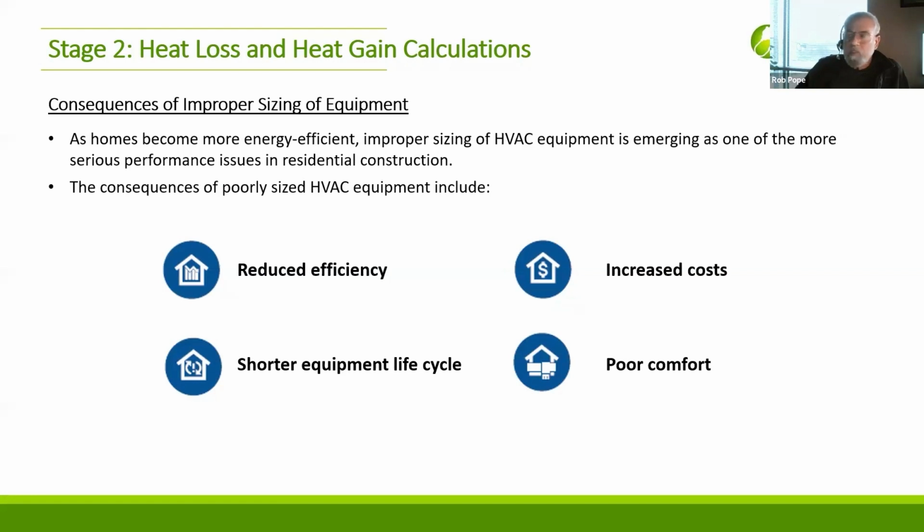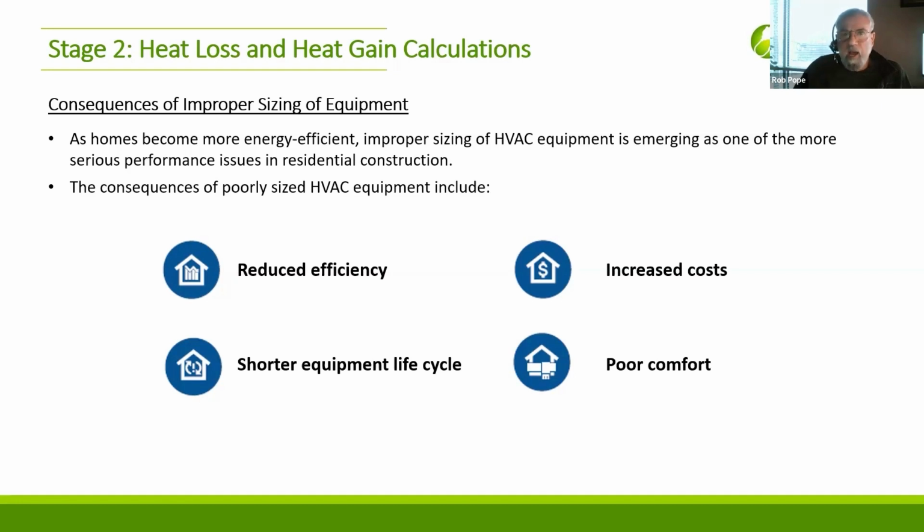You used to be able to do rule of thumb more reasonably accurately back in the day when houses were all leaky, and you could just look at that house and it would probably not be much different than the last house you did and the house before that. But these days, you can't tell anymore, right? It depends, because there are so many performance attributes to the home in terms of its insulation, infiltration, what kind of solar gain you have in the windows, U values, all that kind of stuff.